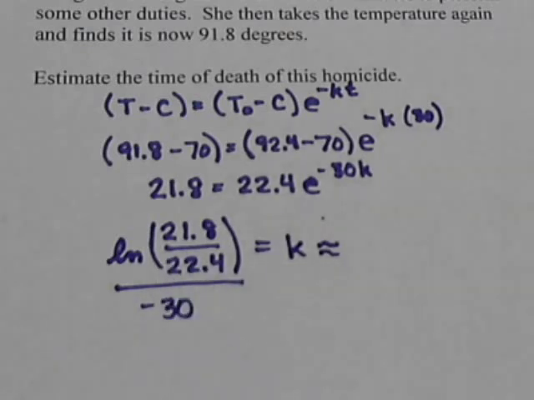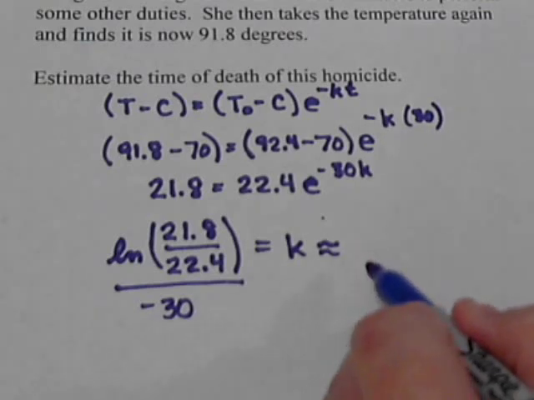Now if we put all this into the calculator: ln of 21.8 divided by 22.4, close the parentheses, all that divided by negative 30. Depending on your calculator, you might get an E or a negative 4 in there. That just means to move the decimal over 4 places.